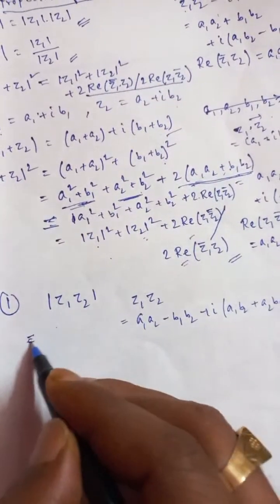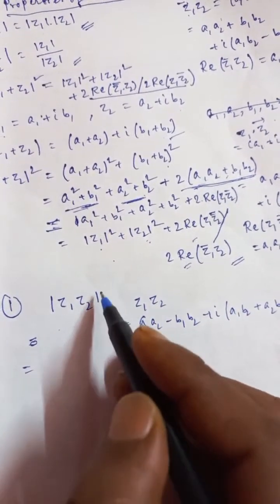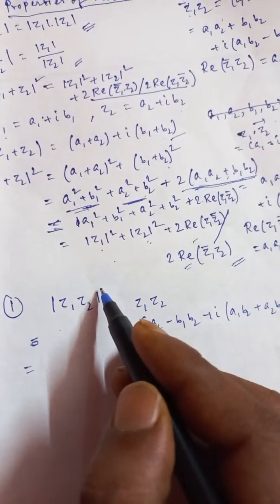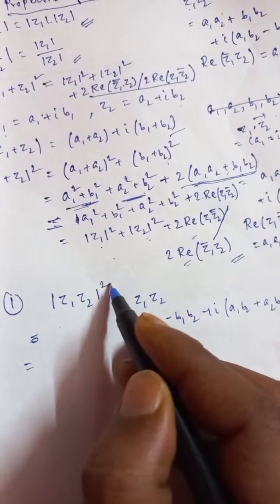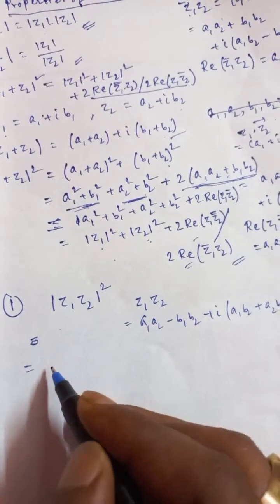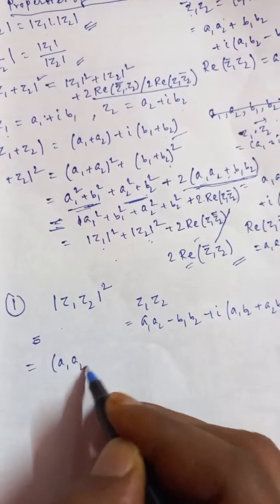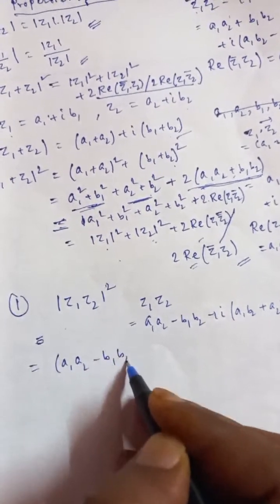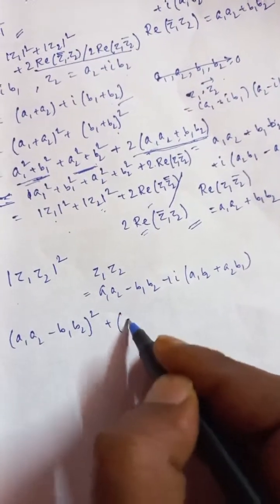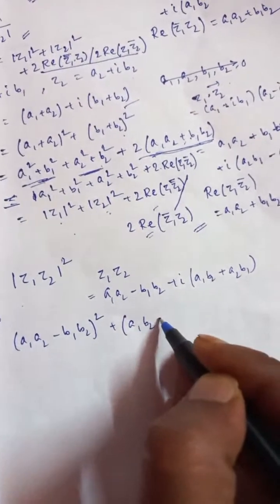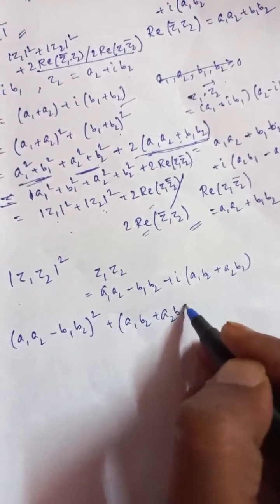So mod of it will be, you can take the whole square also. So under the bracket I am taking the whole square form. So this will be a1 a2 minus b1 b2 whole square plus a1 b2 plus a2 b1 whole square.